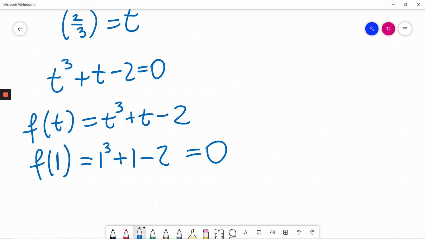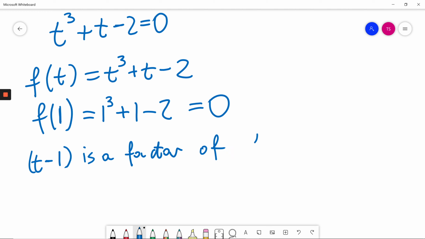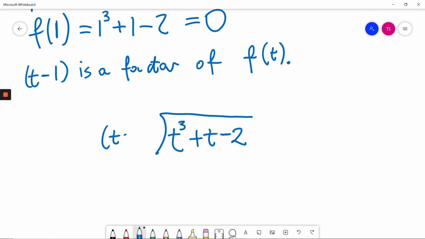So using the factor theorem, I know t minus 1 is a factor of f of t. So I'll divide t cubed plus t minus 2 by t minus 1.